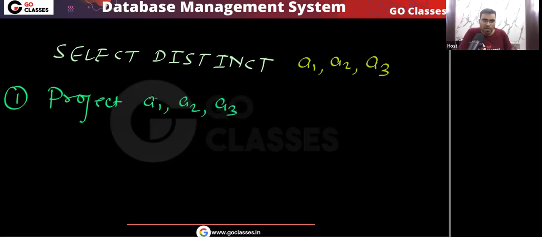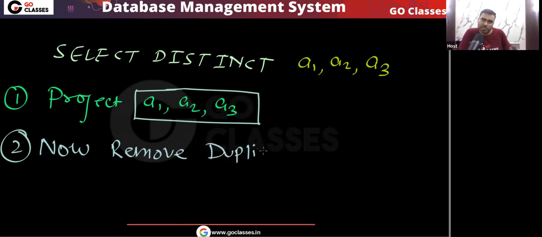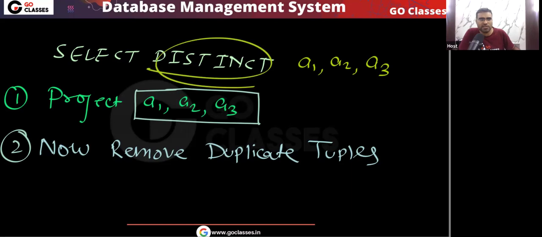Is this clear? Once you have projected A1, A2, A3, then you remove the duplicates. Now remove duplicate tuples. This is how distinct will work.